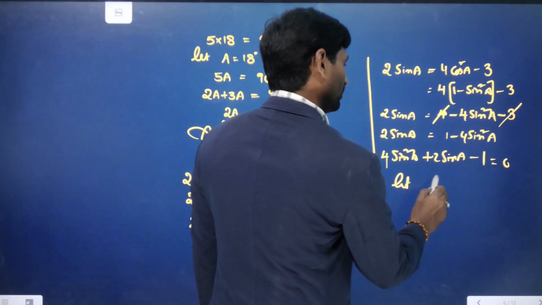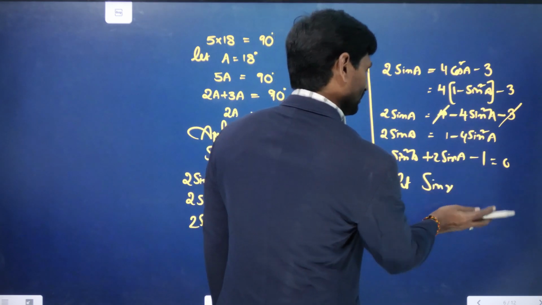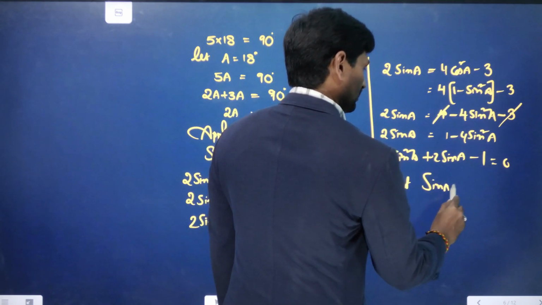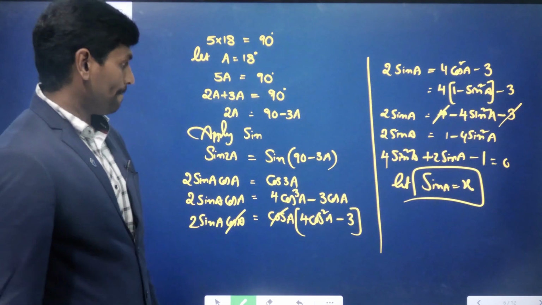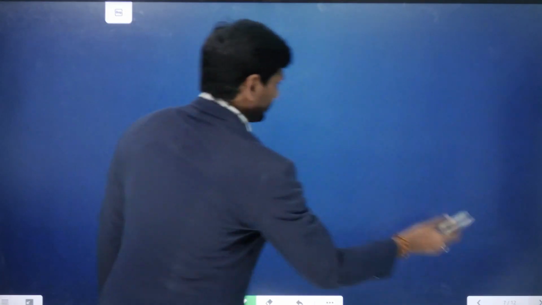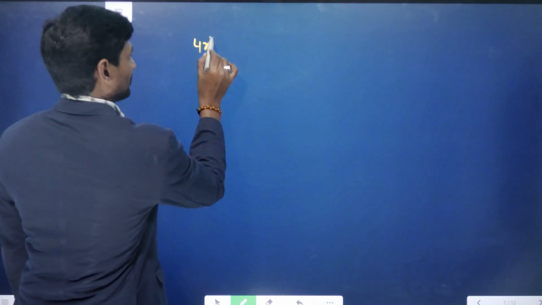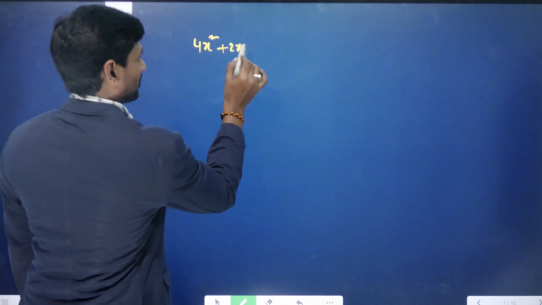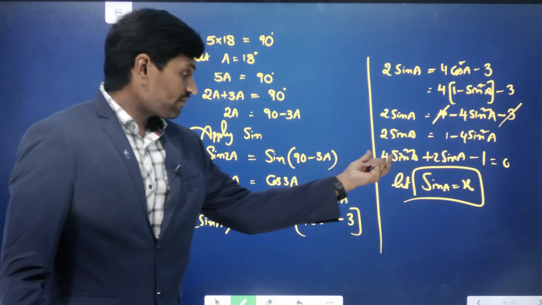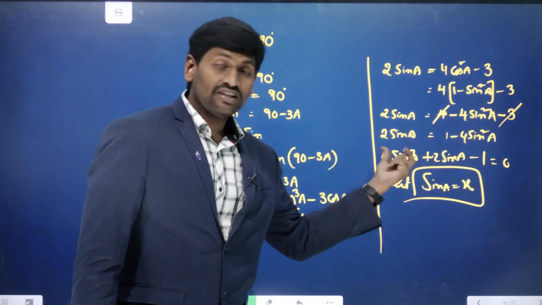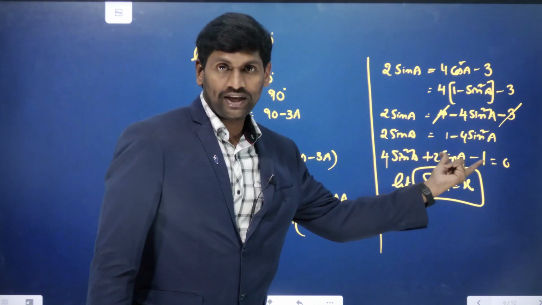Let sin A equal x. Then this equation will become 4x square plus 2x minus 1 equals 0. Am I right? In the place of sin A, I am writing x.